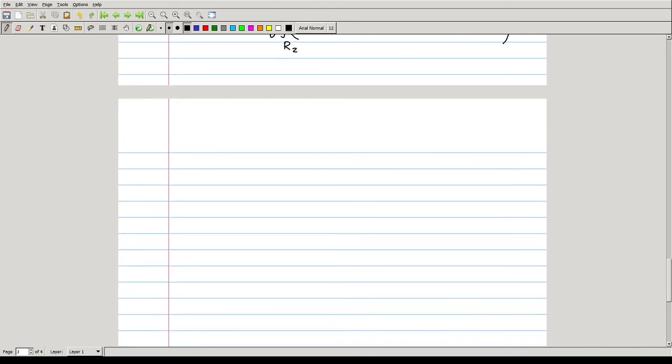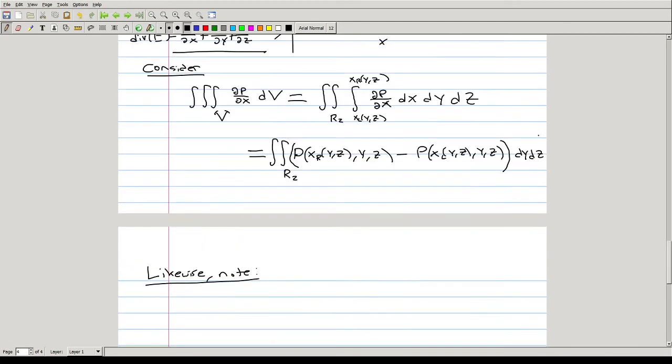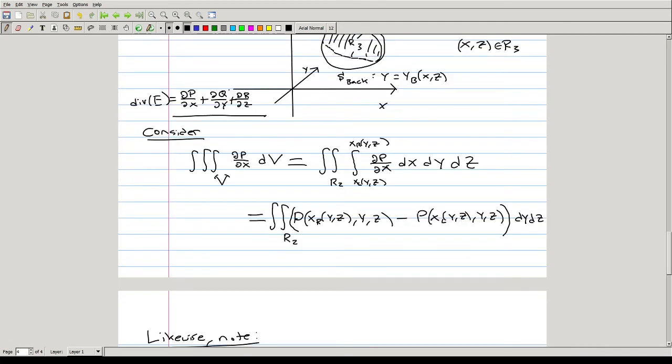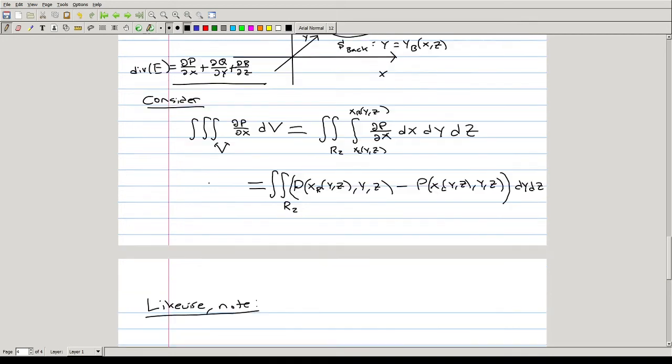So we also want to likewise note, if we go through and do this process for the other partial derivatives, or for the other terms, we're free to choose our order of integration for each one of these triple integrals. So we do the same thing for dq dy and dr dz.